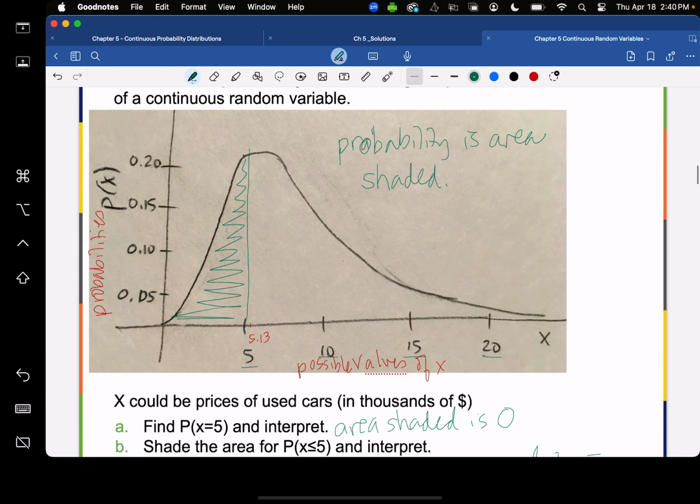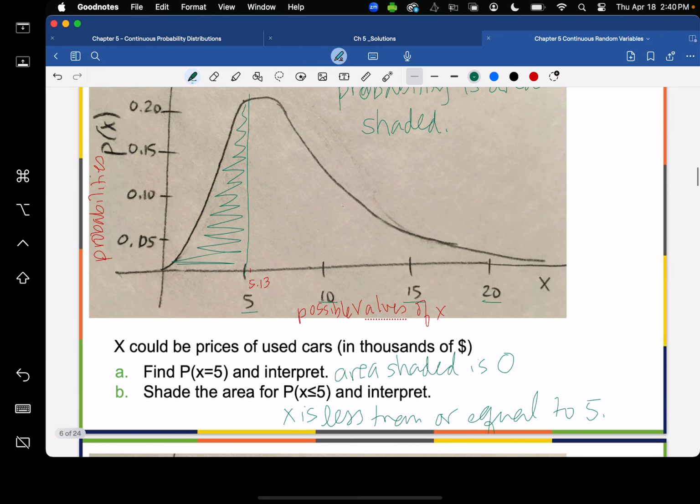Well, the probability of me buying a car that costs $5,000 or less is about 35 or 40%, I'm guessing. And again, don't worry, we'll get into more precise methods where we're not guessing. But I can tell that less than 50% of this area is shaded.